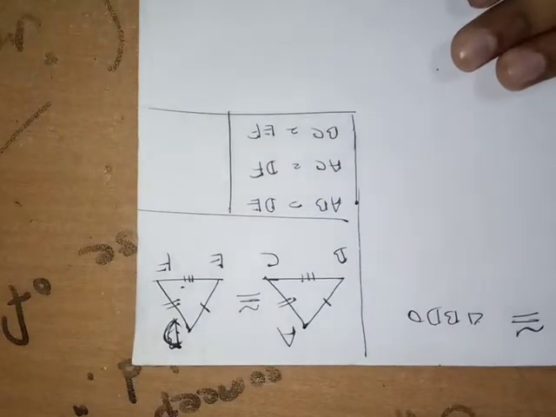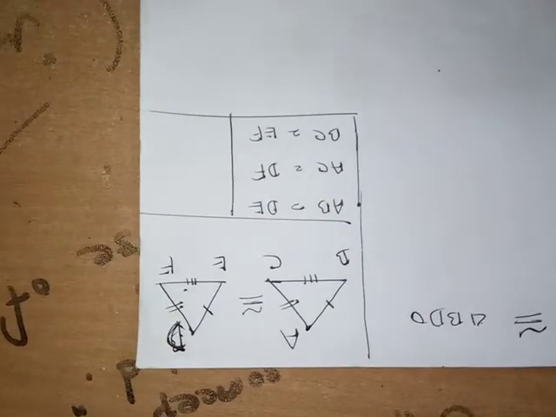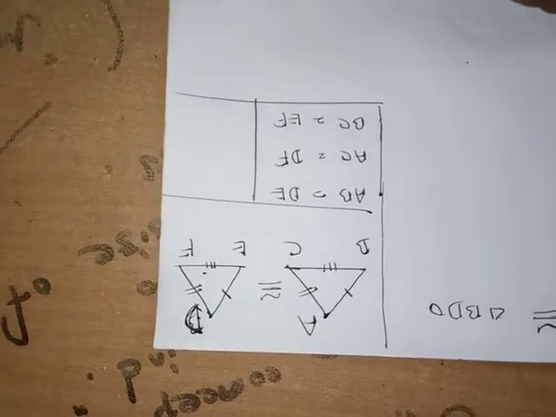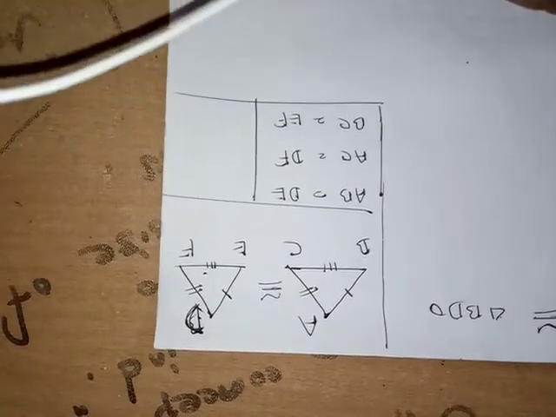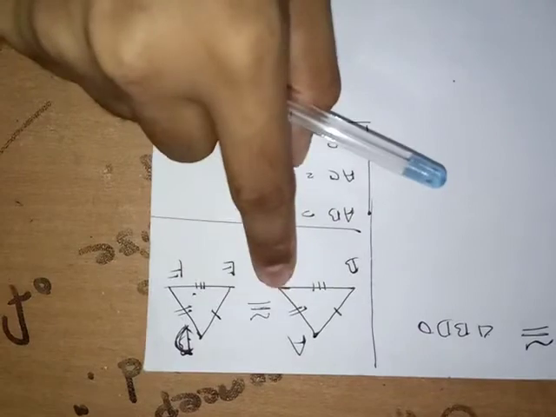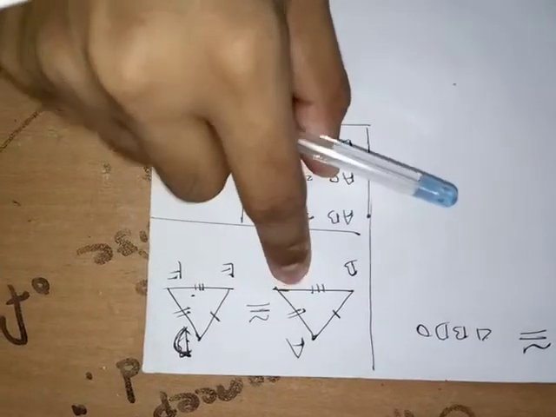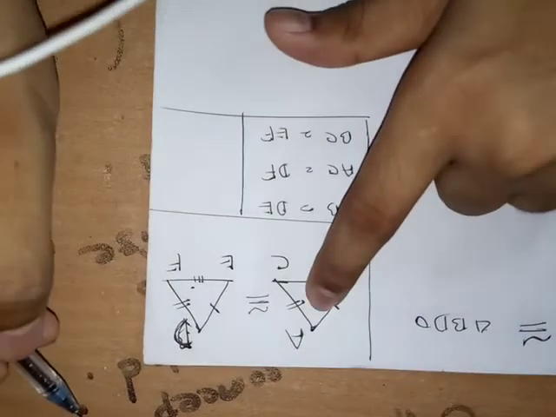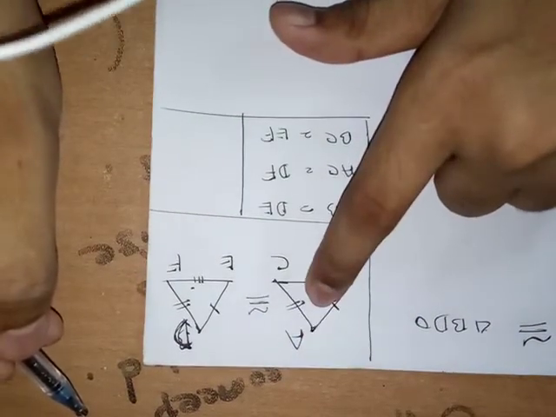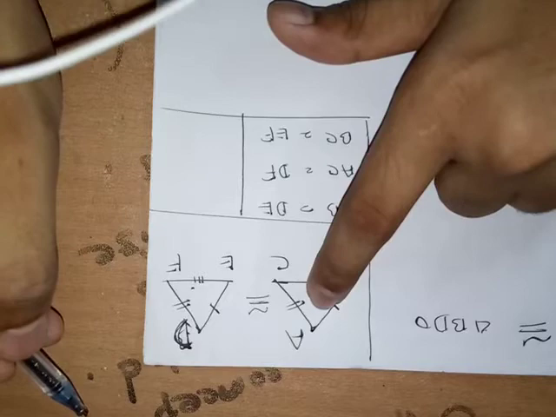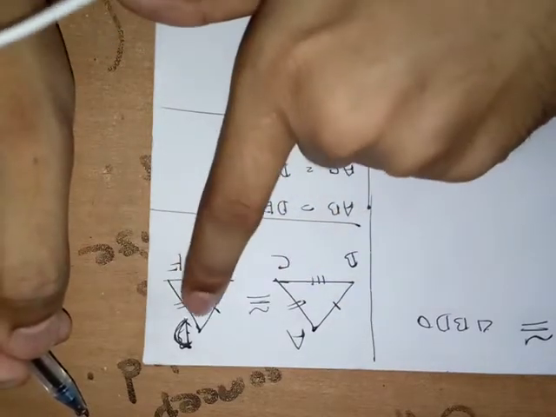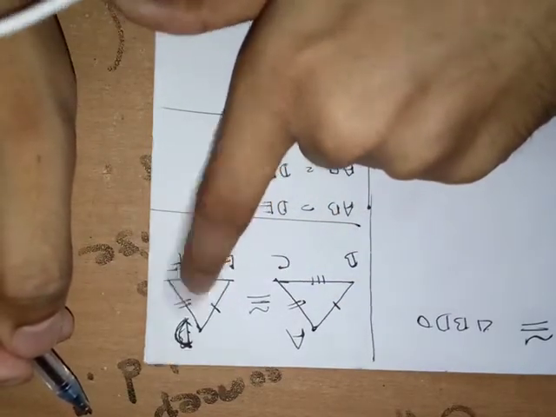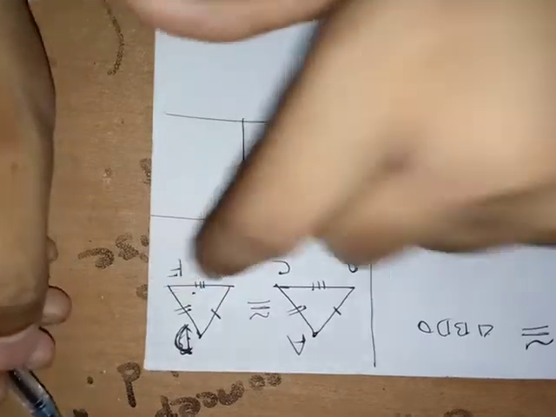Well, now we will focus on the angles of the two triangles. Since these two triangles are congruent to each other, we can say the three angles of this triangle are equal to the three angles of this triangle.